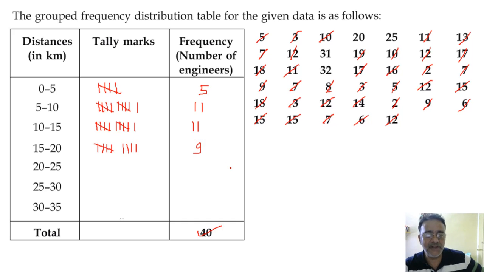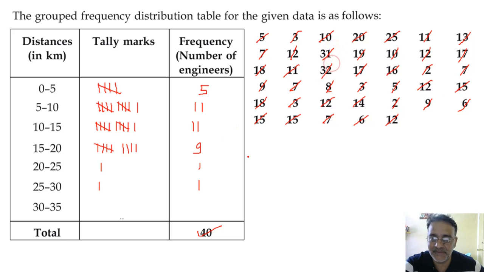Right. Now 20 to 25. 20 is included but 25 is not included. So only 1 is there. Similarly 25 to 30 is also 1. Only 1 is there. And 30 to 35, I think only 2 is left, 31 or 32.